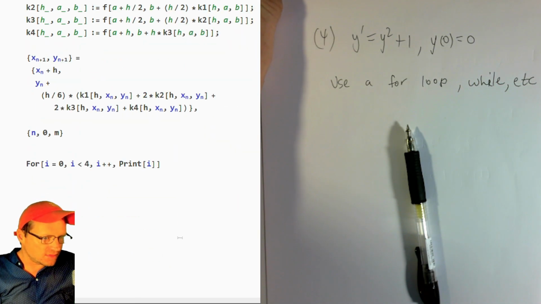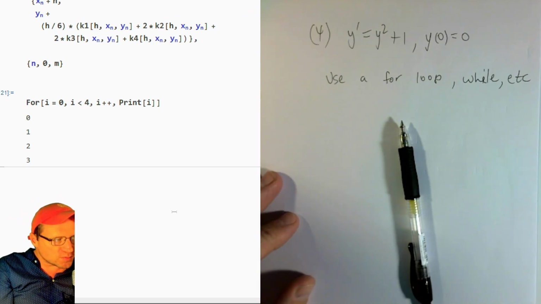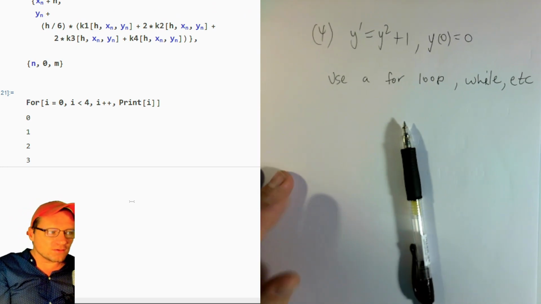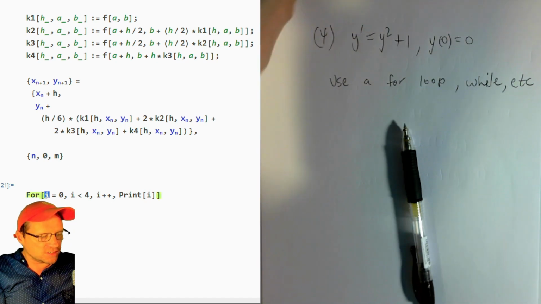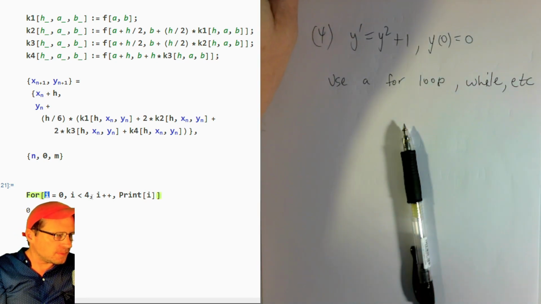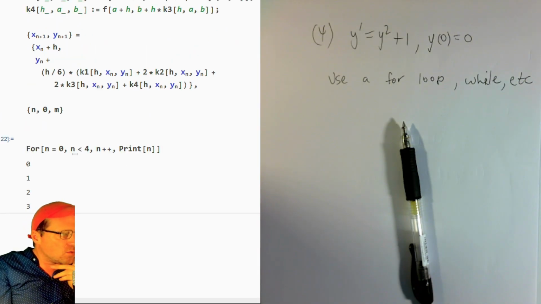And I'll just put in For. All right, let's copy something out, browsing the structure here. Okay, so let's try this. Okay, so what this does is it just prints out 0, 1, 2, 3. Okay, and so in our case, we want to do this over n. Let's change that to n. Same thing. All right, now what we want to do is update.